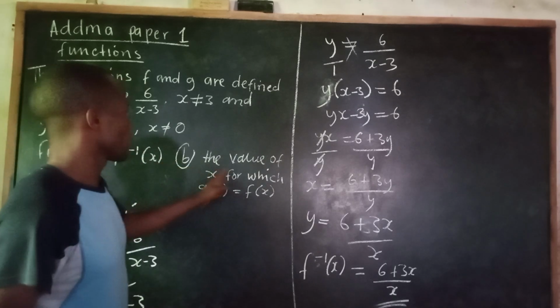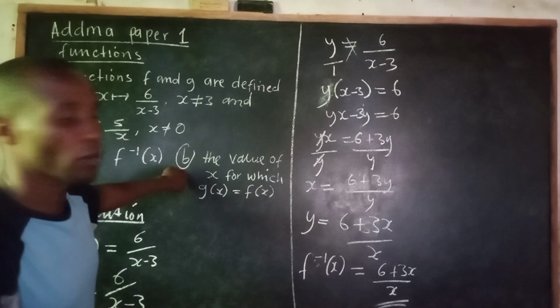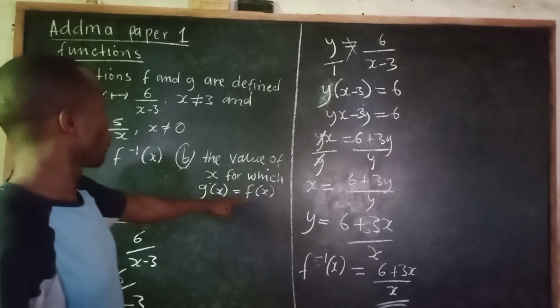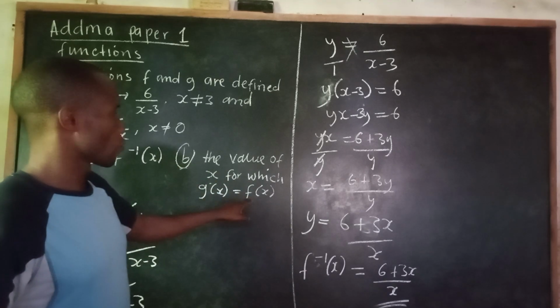Now we go to the last part of our question, which is question B, and it also carries 2 marks: the value of x for which g of x equals f of x.